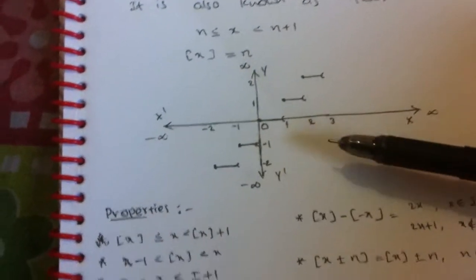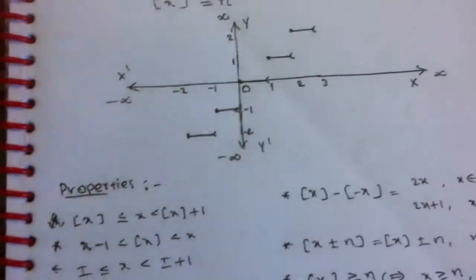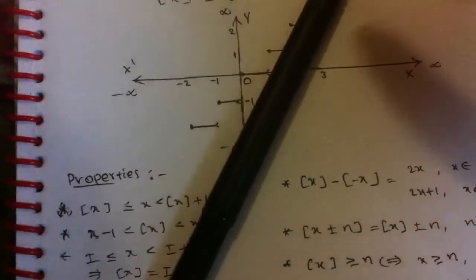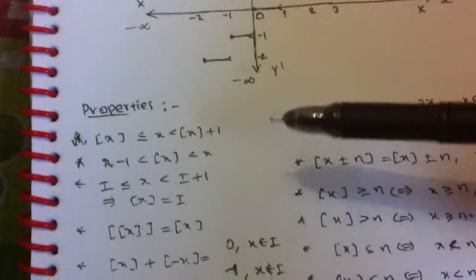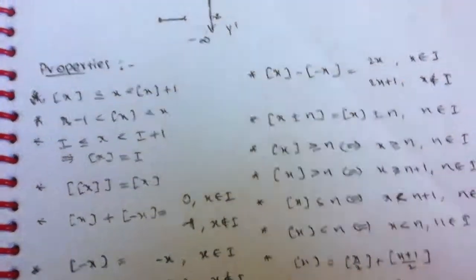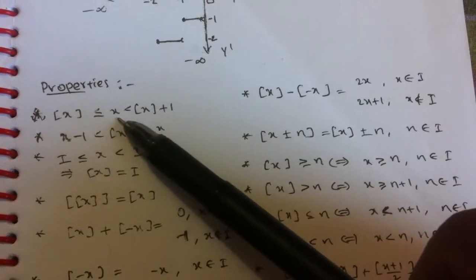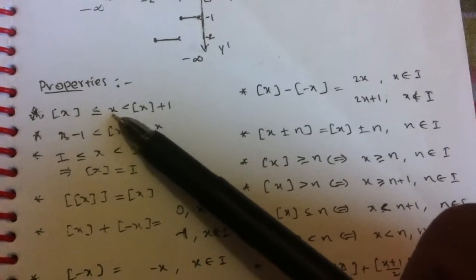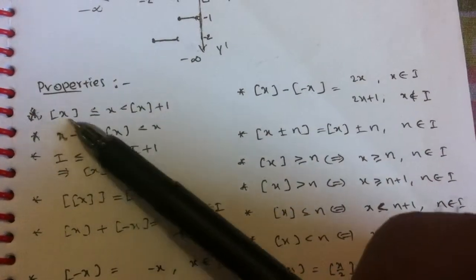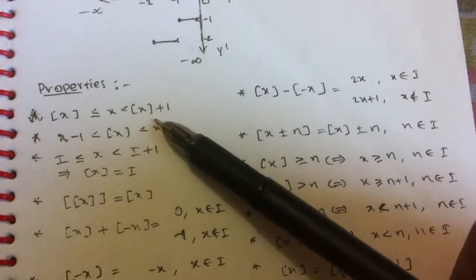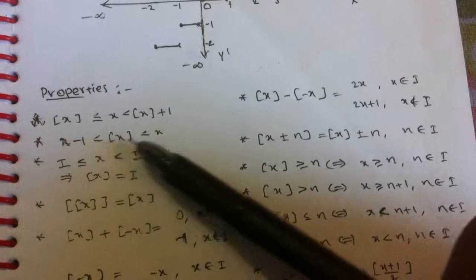Now, after understanding the basic definition and graph of this step function, let's take a look at the properties. The first property: for any real number x, x lies between step x and step x plus 1, and step x lies between x minus 1 and x.